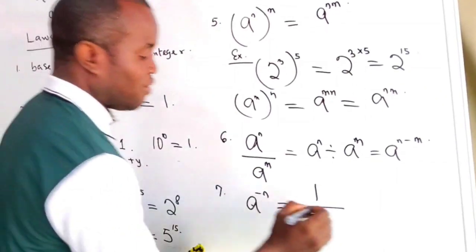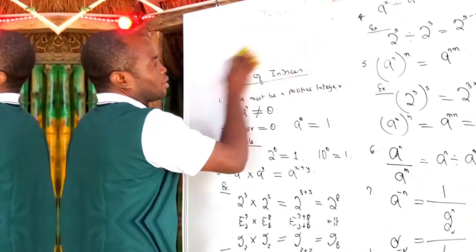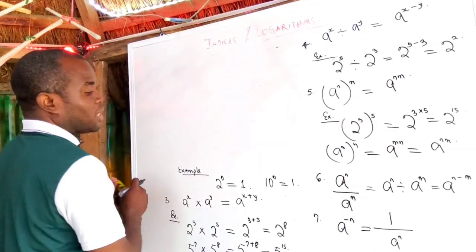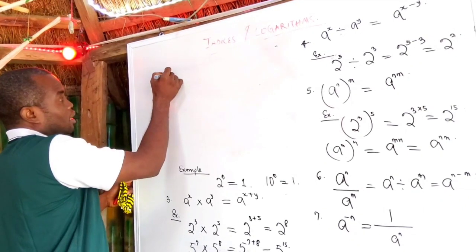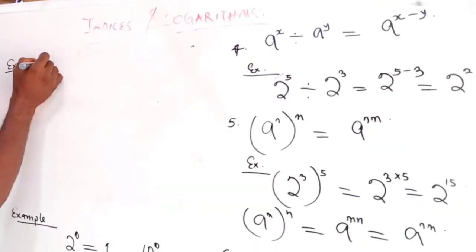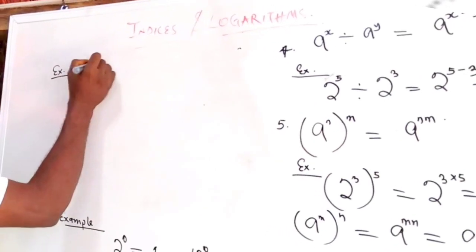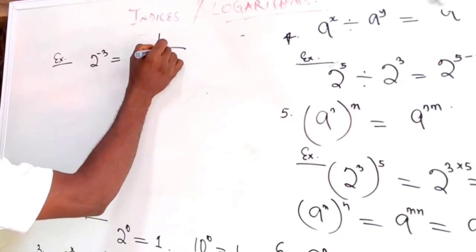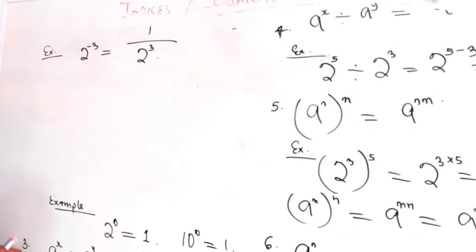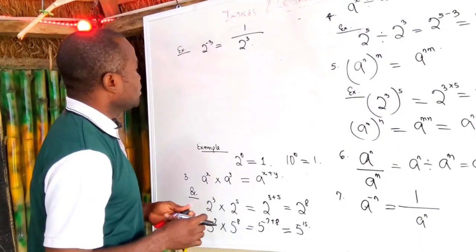That simply means an inverse. Let's take an example of that. If you have 2 raised to power minus 3, it simply means 1 all over 2 raised to power 3.